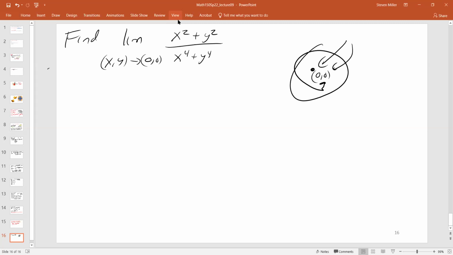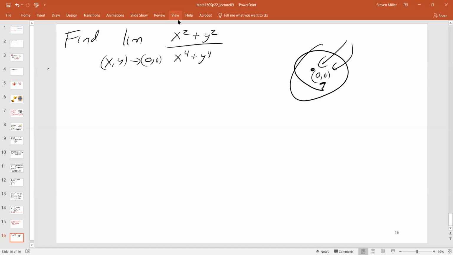So if the limit exists, then every path you take has to give the same answer. If you want to prove the limit exists by checking every possible path, you will spend the rest of your life, unless you can find a way to check essentially all of them simultaneously.